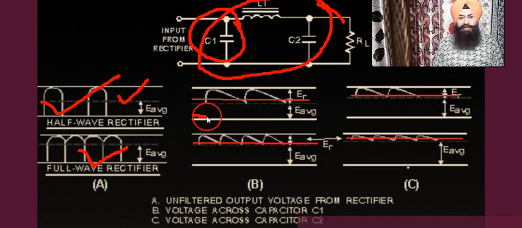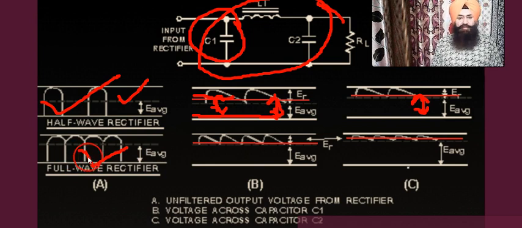Then the average DC will be from this to this line. This will be the average value, the mean DC value. If we are using the pi filter, then you will get like this. Now the average value is increased in half wave. Now if we are using full wave and only one capacitor, you will get like this.